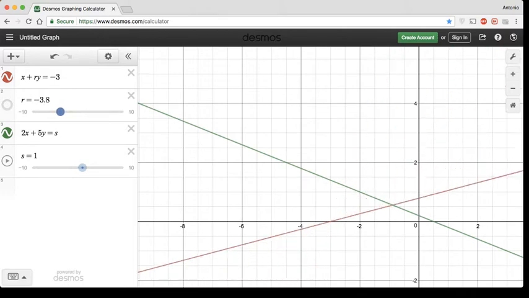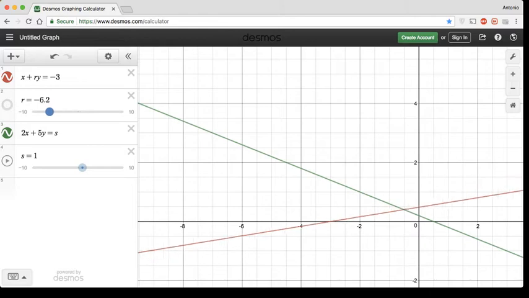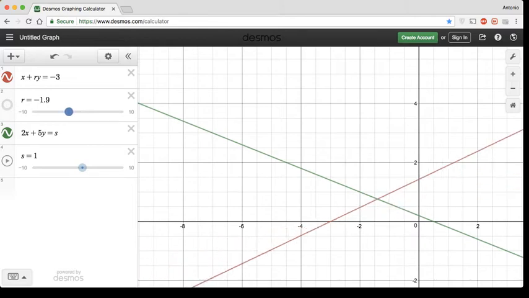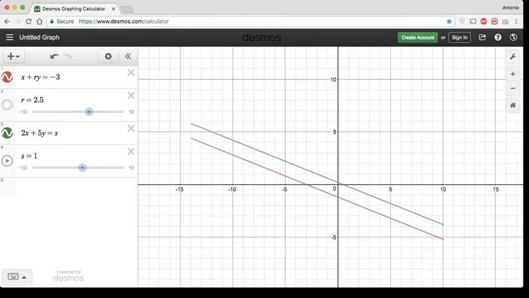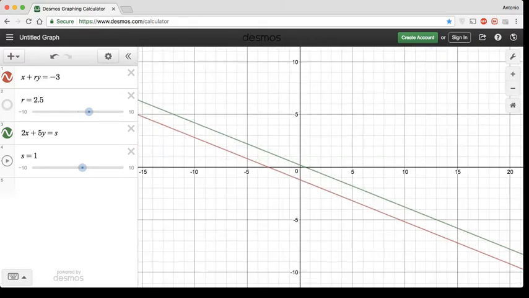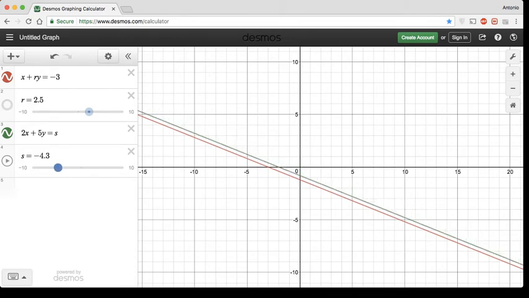But at some point, it looks something like this, and it looks like we have no solutions, where the lines don't seem to intersect. And then at some point here, it completely overlaps, and we have an infinite number of solutions. So I would like to find out what happens in terms of R and S in that case.